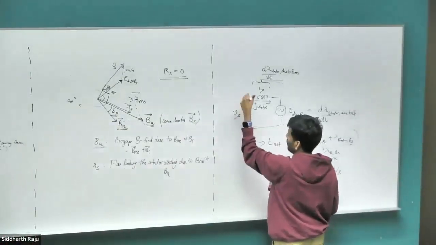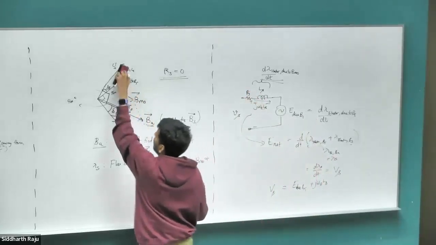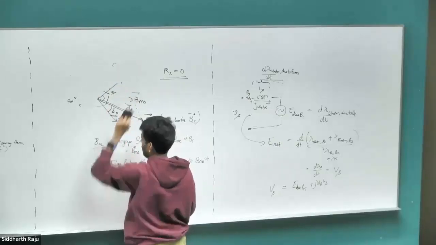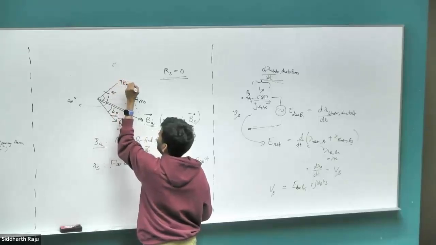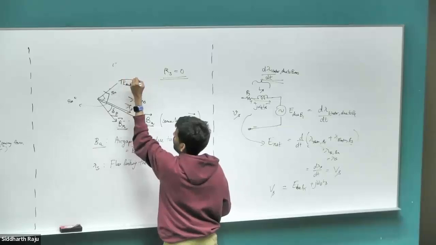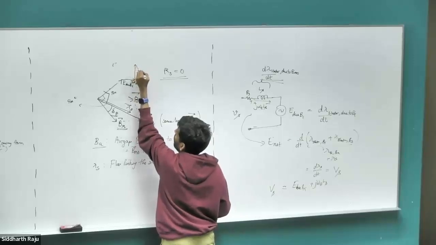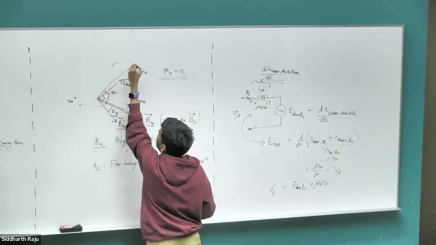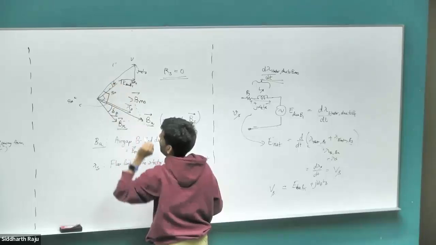So this is E due to Br. And then you have some drop due to the stator resistance, Is times Rs. And then on top of that, there is j omega E Ls. And the sum of these three is now your terminal voltage Vs. And the angle between these two is the power angle.